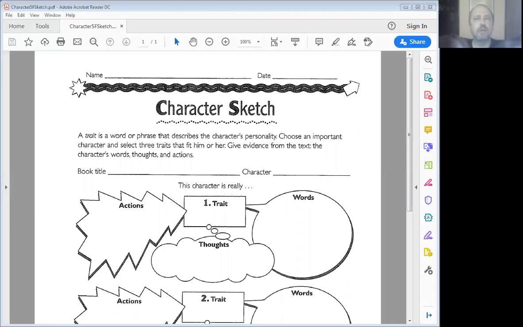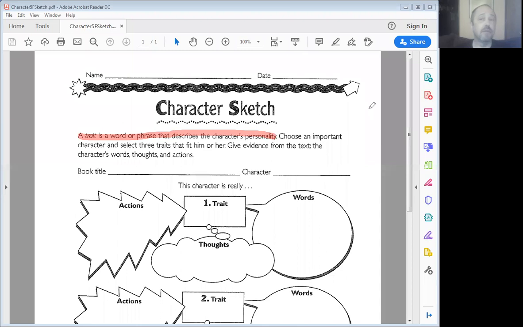So let's look at this graphic organizer that I put into resources for you. This isn't, of course, the only way this could be done. I just think this is a fairly easy way. First thing we need to remember is that a trait is a word or a phrase that describes the character's personality.